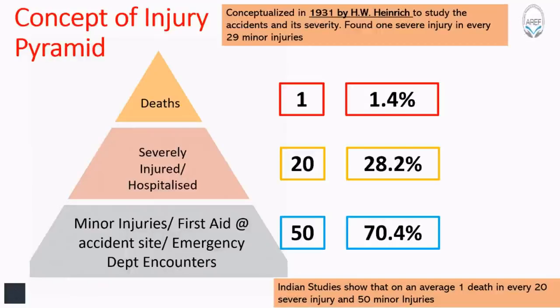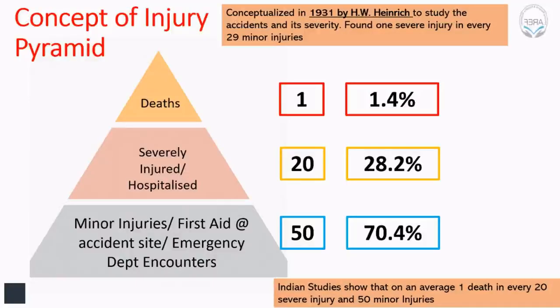For example, if instead of 1.4% deaths in a given period, the data shows 0.5%, that means not all accidents are resulting in deaths. Similarly, we can look at all the data in terms of percentage, and that can tell us if a particular geography needs specific intervention to reduce the accidents or the severity of the accidents.